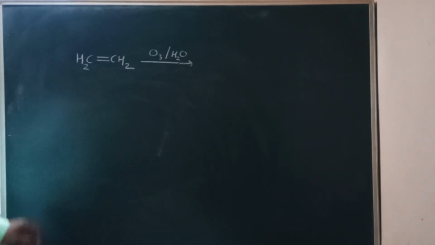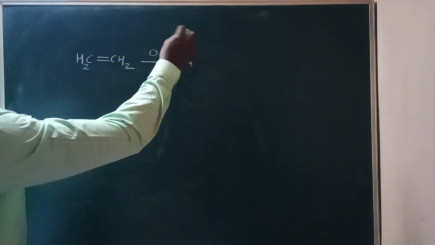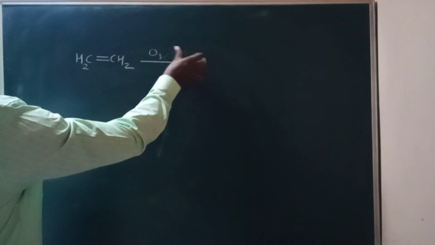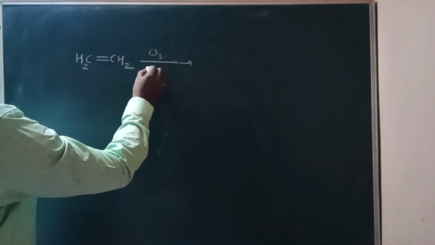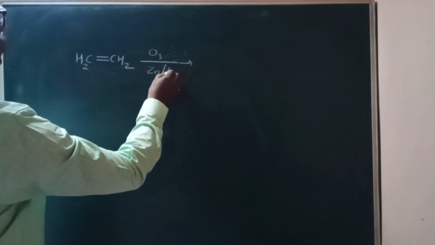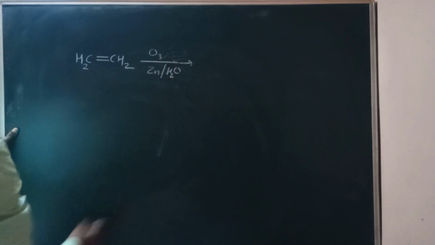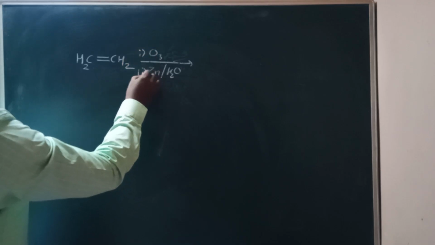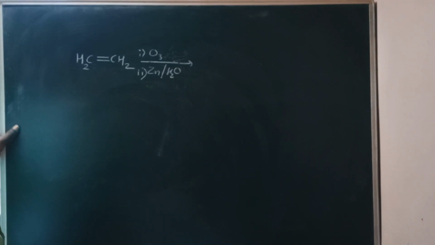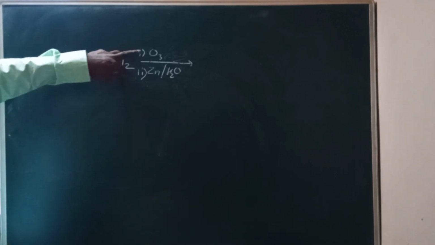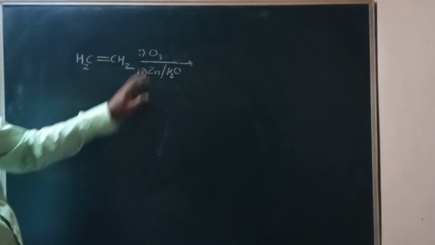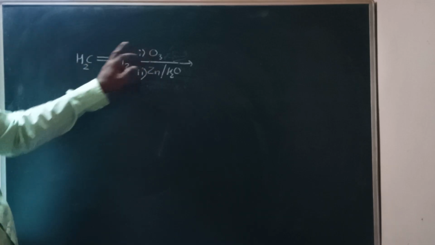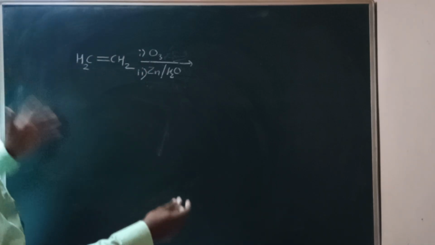Okay, right. And it's not like this. O3, and here suppose I write Zn over H2O. So it's the first condition, it's the second condition. Means you have to identify the final product. Okay, so it clearly indicates that the reaction occurs in two steps. So first step is the addition of ozone, which gives us that ozonide.